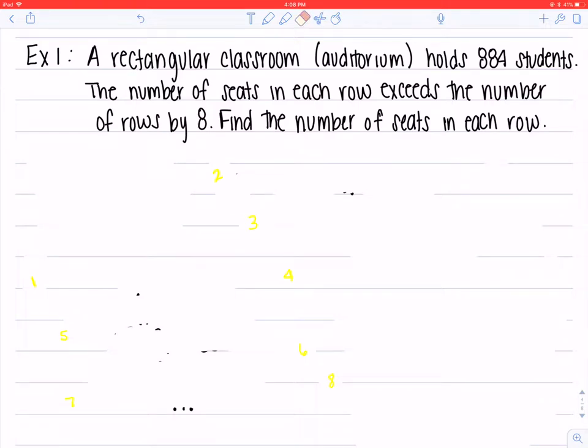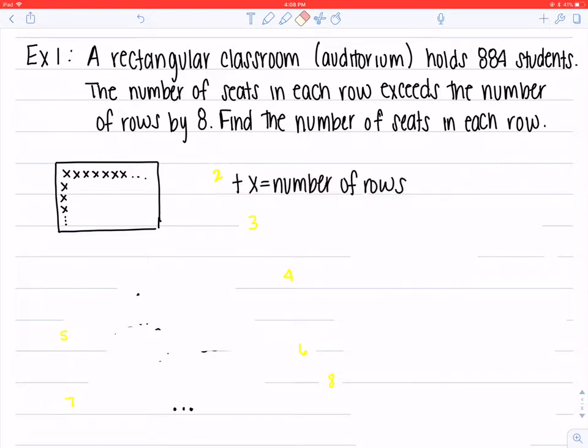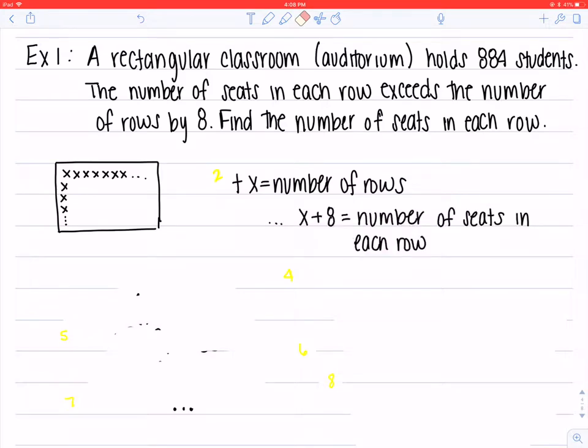So example 1, you have a regular classroom auditorium that holds 884 students. The number of seats in each row exceeds the number of rows by 8. Find the number of seats in each row. The first thing I always do is draw a picture. So that means I have some number of rows, and the number of seats is 8 more than that. So I'm going to let x equal the number of rows, which means that x plus 8 is going to be the number of seats in each row.